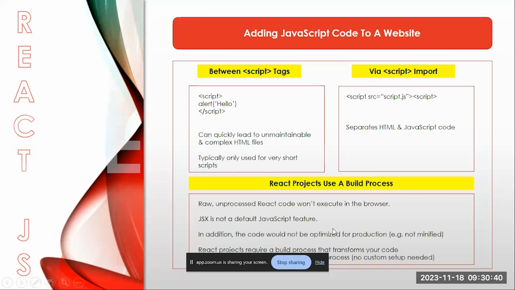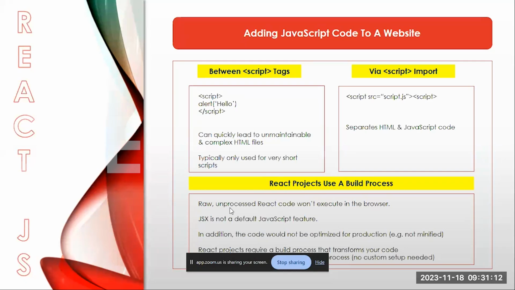Yes. Okay, so here React projects use a build process. So how are they going to build the code here? The raw or unprocessed React code would not execute in the browser. I told you that. And JSX is not a default JavaScript feature. This is a React.js feature, which lets us build our code, including HTML and JavaScript.